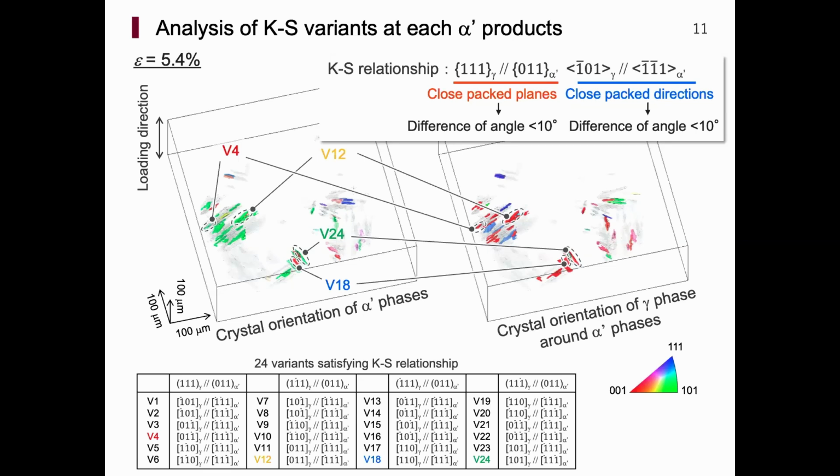The crystal orientation relationship, known as phase orientation relationship, was analyzed. The difference of angles between close-packed planes and close-packed directions were less than 10 degrees, respectively. So as a result, we could index 1 variant out of 24 variant combinations to each martensite product, as shown here.